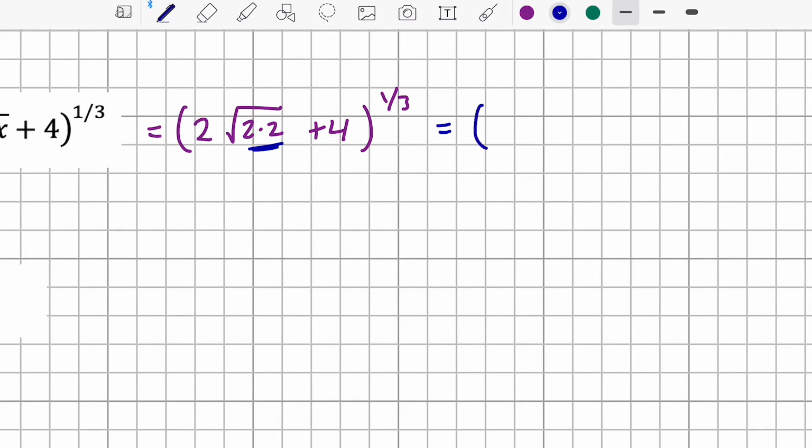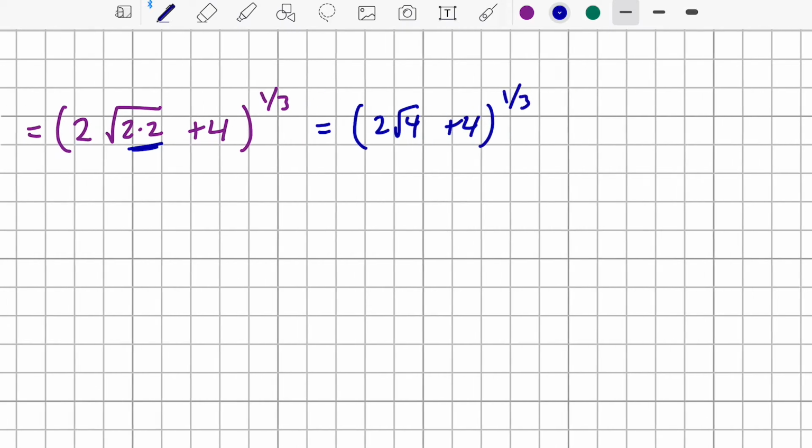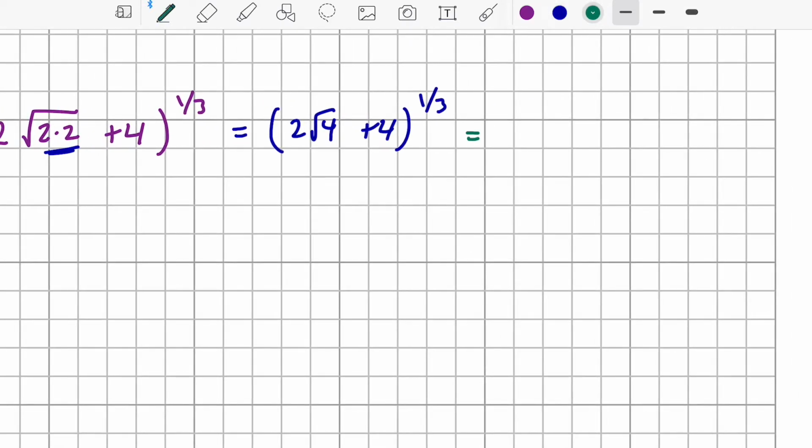So I'm going to write 2 times the quantity square root of 4 plus 4, raised to the 1/3 power. So let's see, we're in pre-calc. So square root of 4 is 2. There's a 2 outside. So square root of 4 is 2, times 2 is 4, plus 4 is 8. So now I have 8 raised to the 1/3 power. And the 1/3 power means that I need to take the cube root of that number. So basically what I'm looking for here is the cube root of 8. The cube root of 8 is 2. And that is our limit.